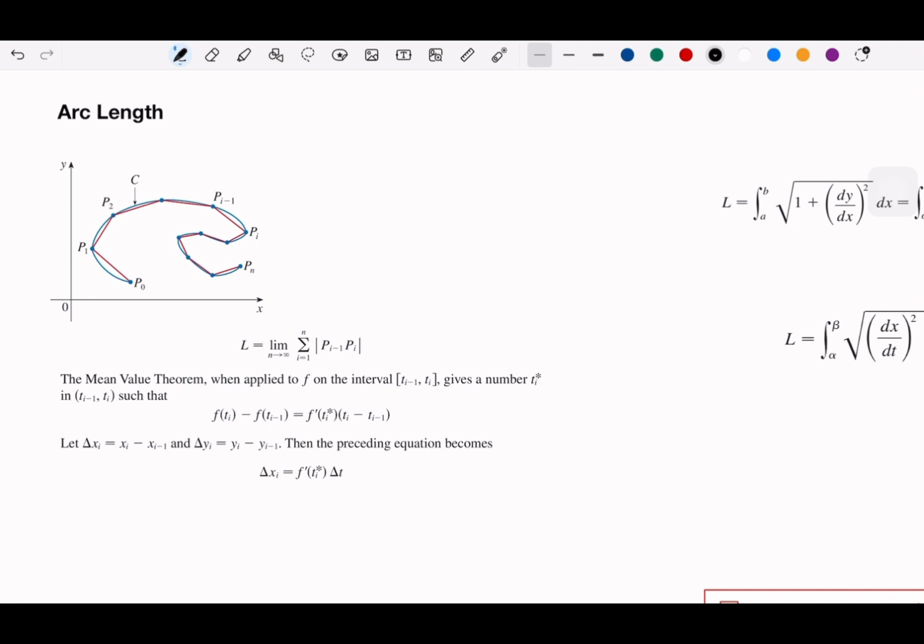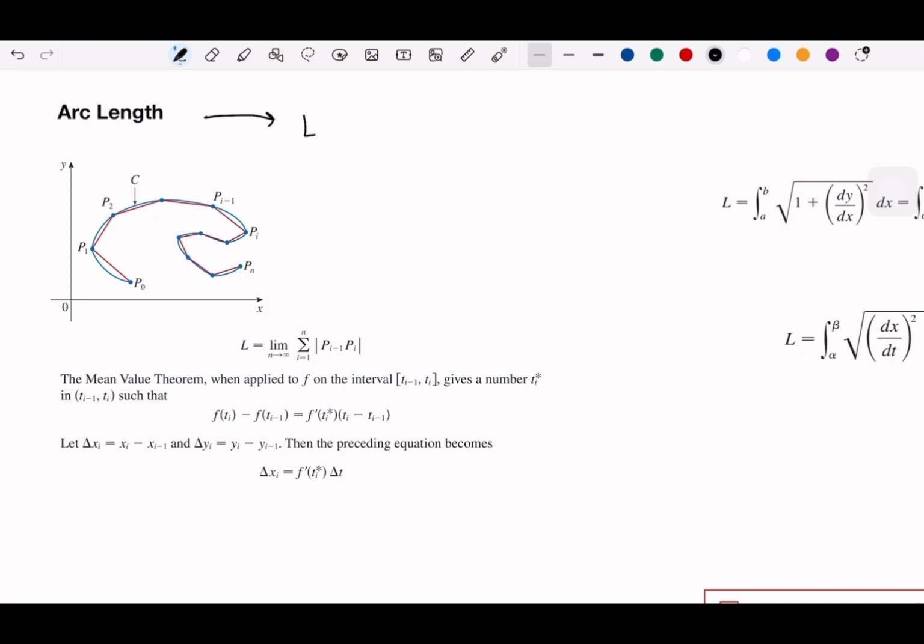So basically, the arc length in a parametric system, the difference is now we are going to apply the mean value theorem to our parameter interval, which we call t. Let me start to write what we know before.